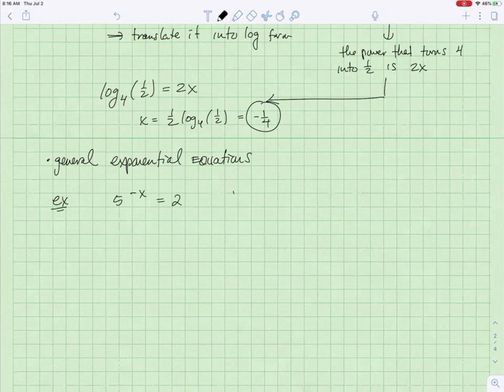Now, this is a more general exponential equation because 5 and 2 are different bases. So the way to go here would just be to translate.